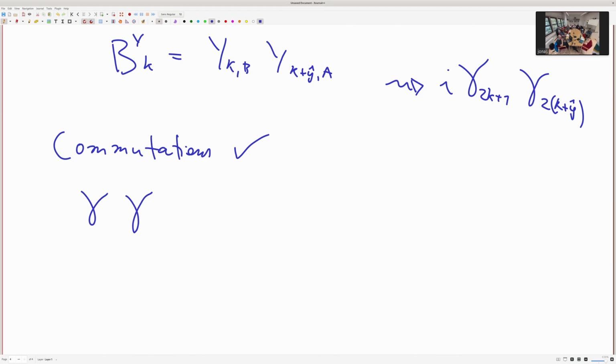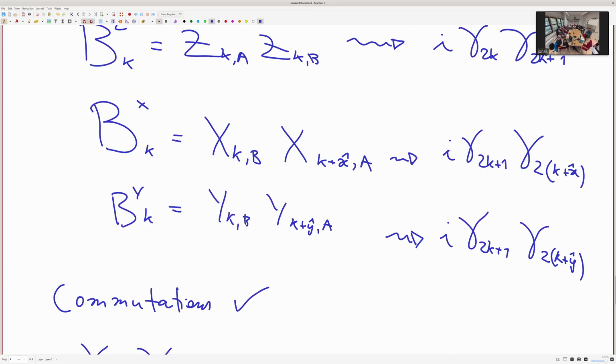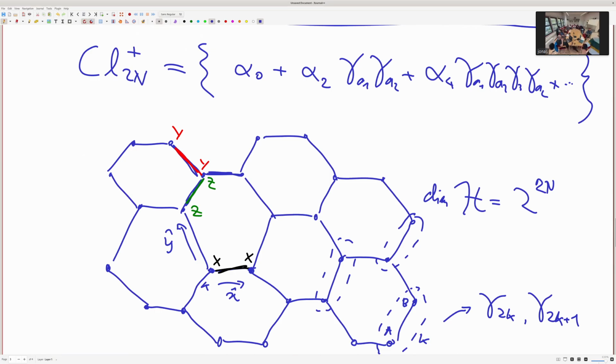And so, for example, let's consider two even gammas, but one can do exactly the same thing also for two odd or one even, one odd. Let's say that we want to represent these two gammas acting on fermion K and fermion L. These K and L will be somewhere in this lattice.